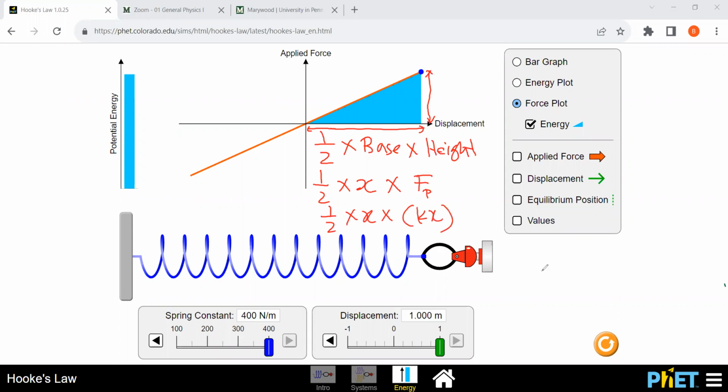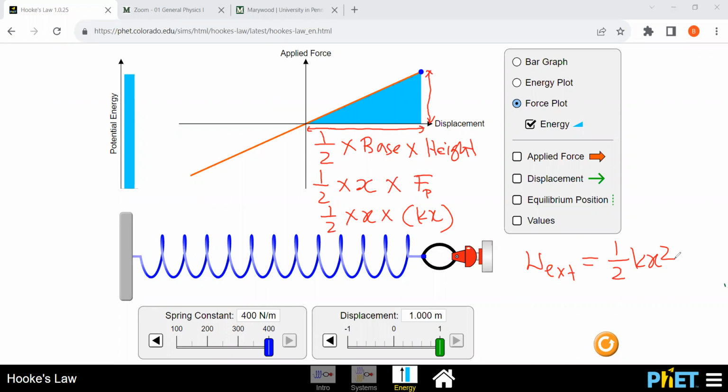So the work done by the external force is equal to half kx squared. This is the method to calculate the work done when we have a spring.